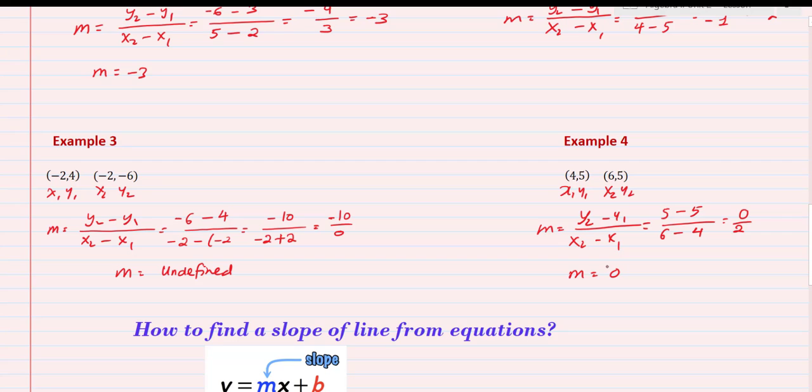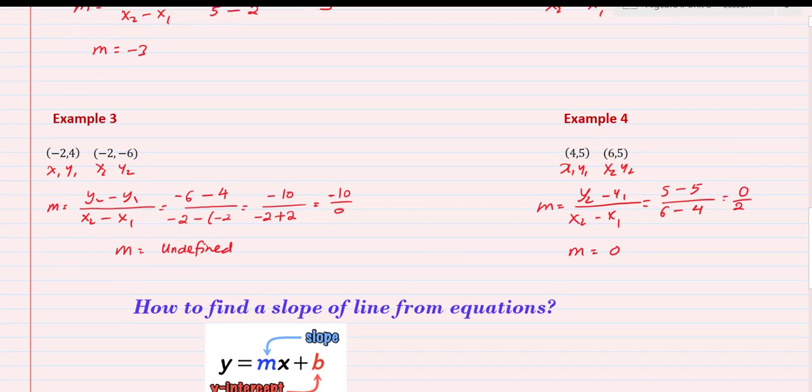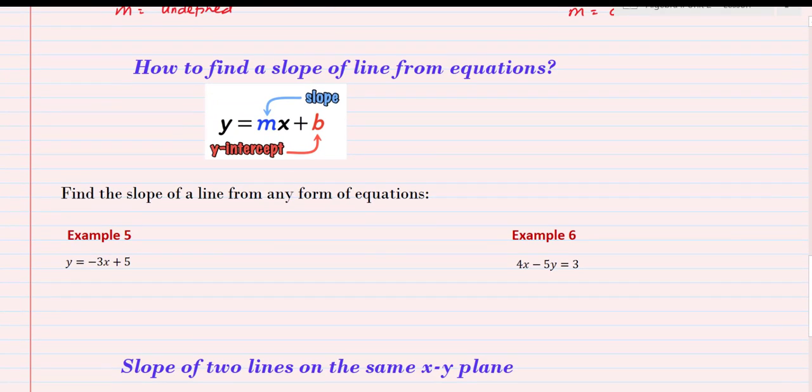Okay, now we know how to calculate the slope of a line between 2 points. The next one we're going to do is how to find the slope of a line from equations. Let's say you are given an equation and how to determine the slope of the line. Here's the first one.